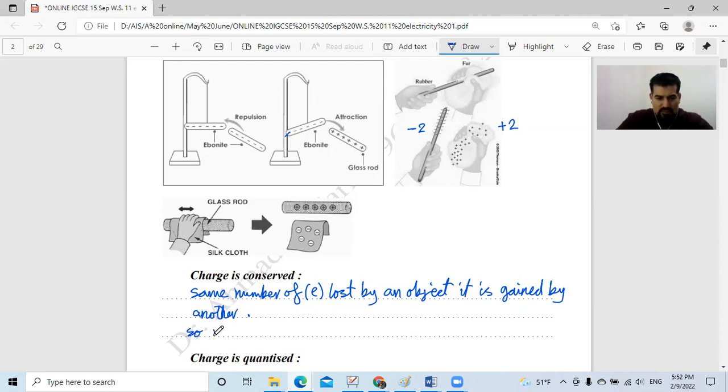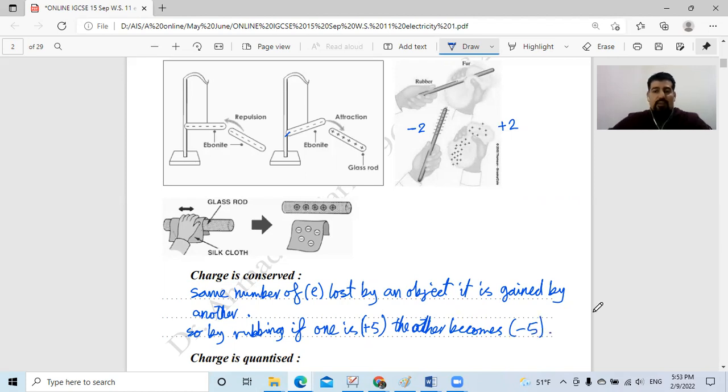So by rubbing, if one is +5, the other becomes what? Negative what? Negative 5. Okay.